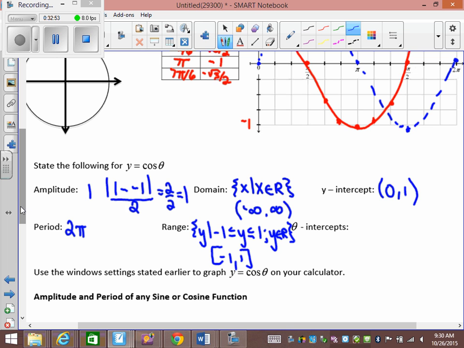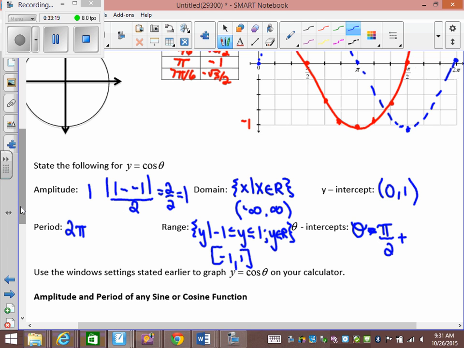Do my theta intercepts change, which is just my x-intercept? Theta intercepts is a fancy way of saying an angle intercept. Do they change? Yeah, because where's my first one happen? Pi over 2. So this time I would say theta equals, instead of 0, pi over 2 plus. Now, how much does it take till I get to the next one?